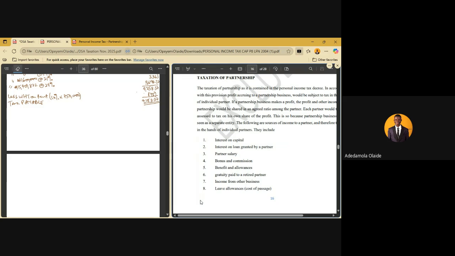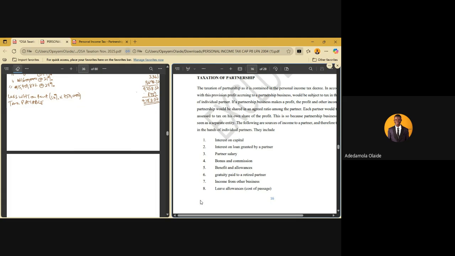for tax purpose, all of the expenses, be it with third party or the partners, we take it all to the SOPL. That is, if they haven't deducted the interest on capital, partner salary, and so on from the net profit, we'll also deduct it.